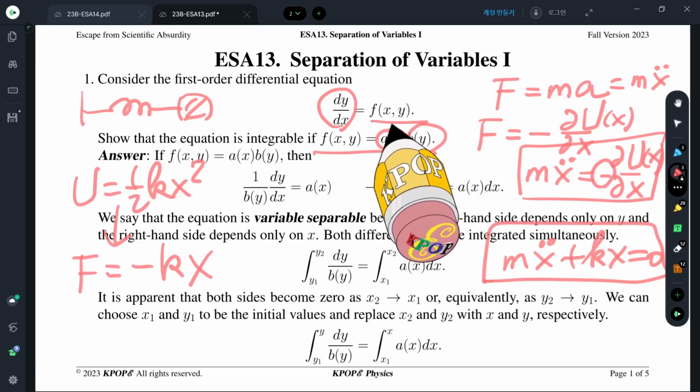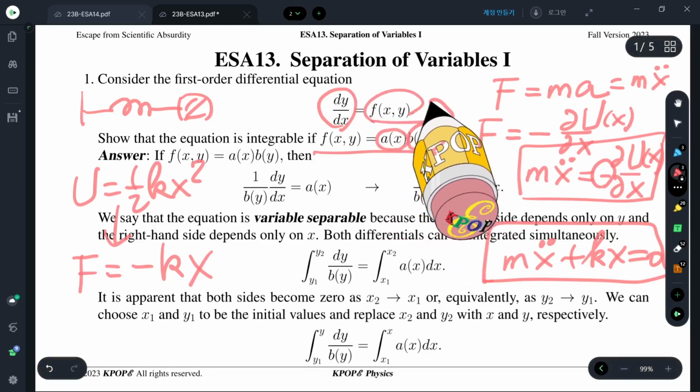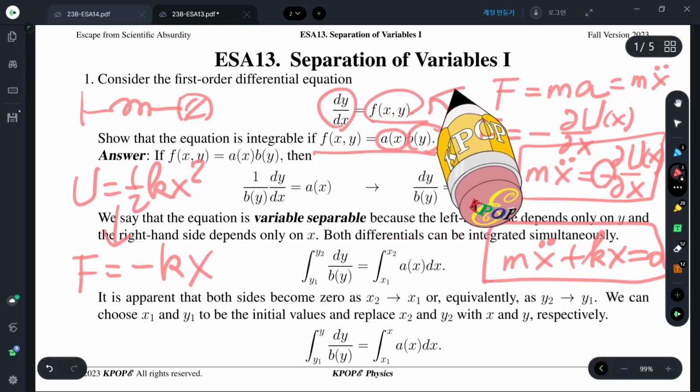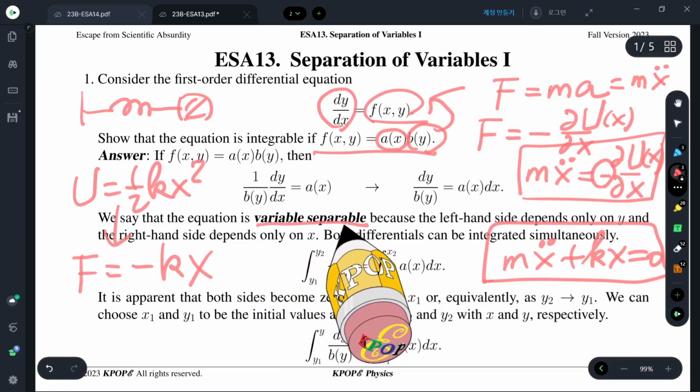In that case, the right-hand side is replaced with this one, and we say this equation is variable separable. X and y are factorized, and only the differential of x is on one side, and only the differential of y is placed on the other side.